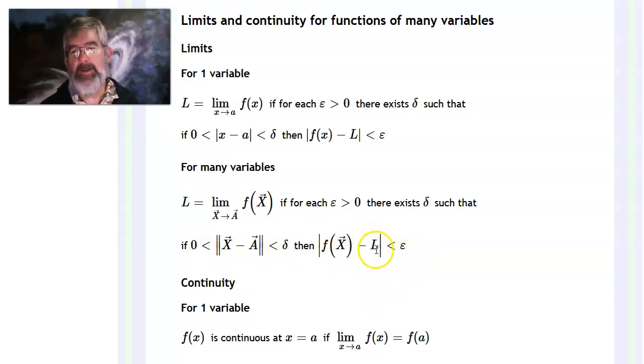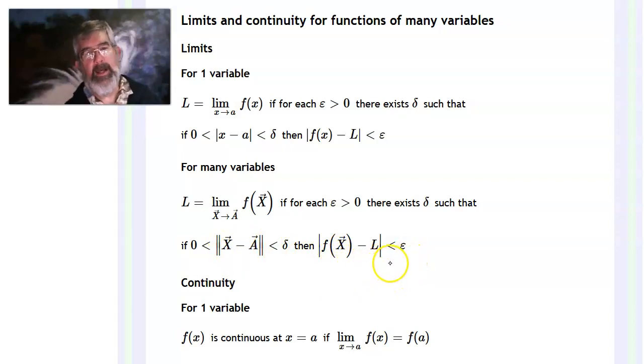And notice this L is still a real number, because the output of a function of several variables is a real number. So this is a real number minus that real number, and we want that to be less than epsilon. If you're getting close to A, then f of x is getting close to L.